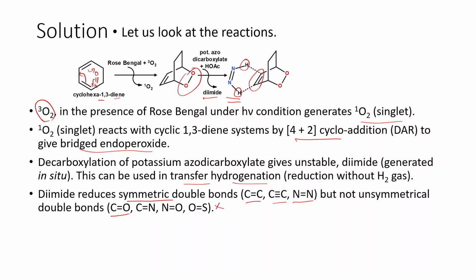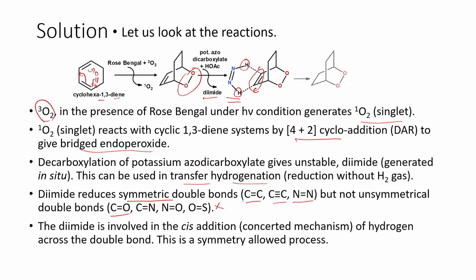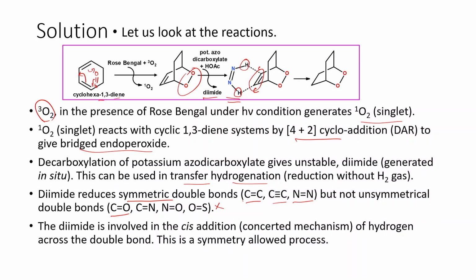So in our case, we have a carbon-carbon double bond that is present here. A carbon-carbon double bond is basically a symmetric double bond, so this can undergo reduction with diimide. This reaction actually is a very specific reaction. In other words, it follows a concerted mechanism, and this leads to cis addition.